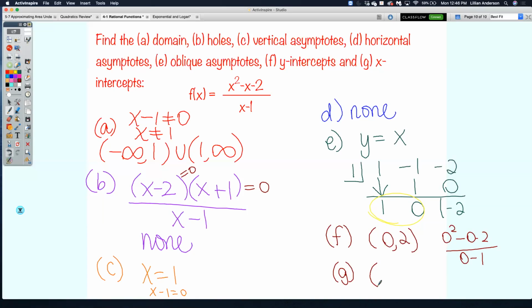Then it's going to be not (-2, 0), but (2, 0), and then (-1, 0). That is how you find all the different properties of your rational functions.